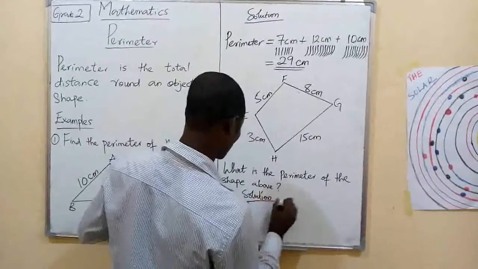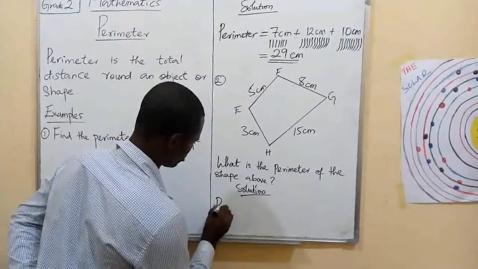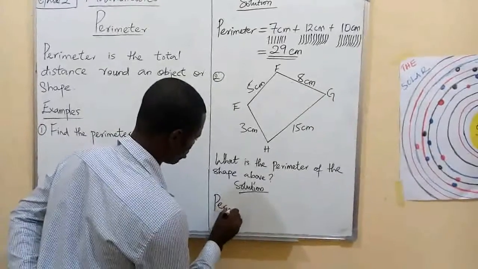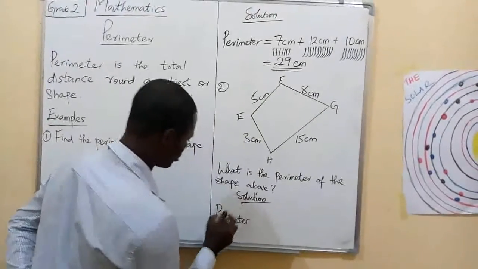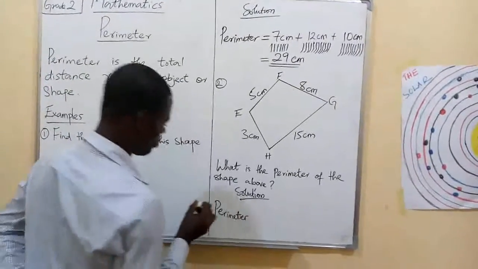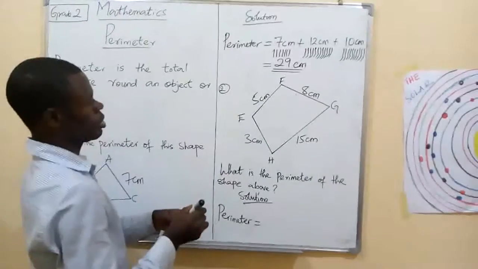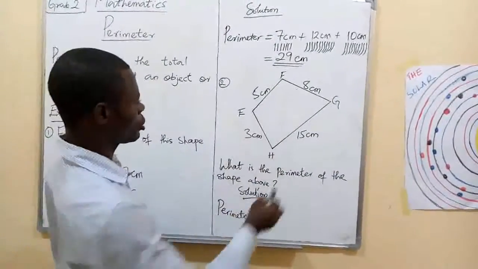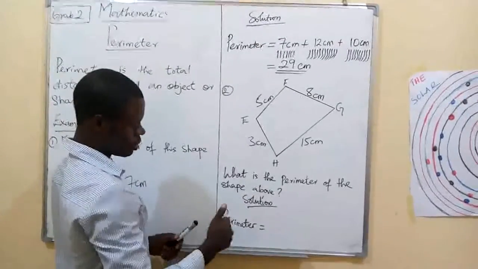Solution. Perimeter. What's the formula for finding the perimeter of a shape, any shape? Alright, perimeter is equal to what? For this shape, all you need to do is add up the lengths of the sides.